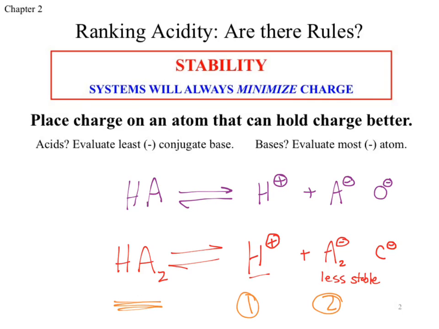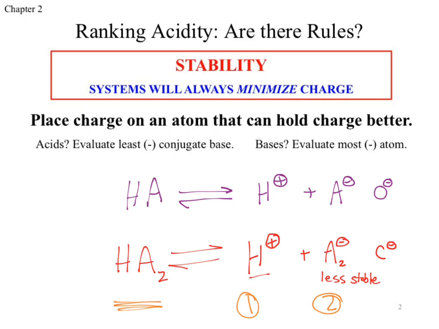No, it can't, because the products that it generates are unstable. They do not work. So when ranking acid strength, it's usually very helpful to draw out a reaction and evaluate the stability of the conjugate base. If that species can stabilize the negative charge, then we're looking at a strong acid to start. So it involves going back and forth across the reaction arrow.